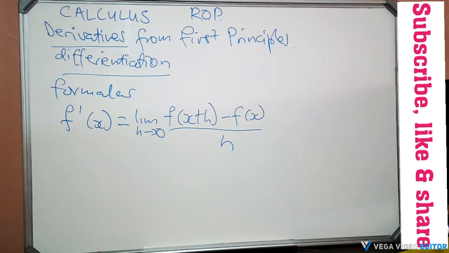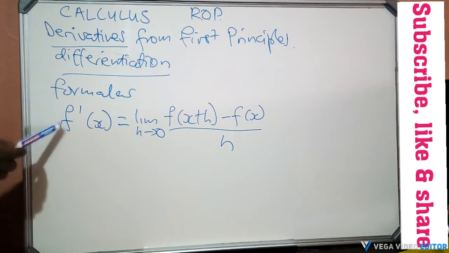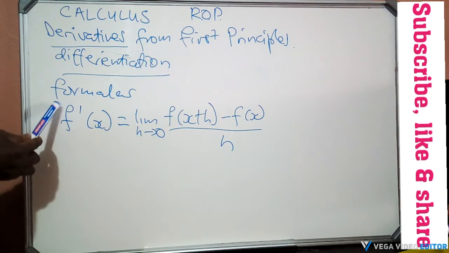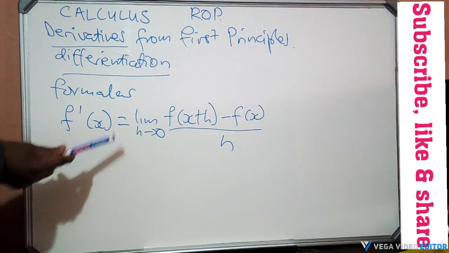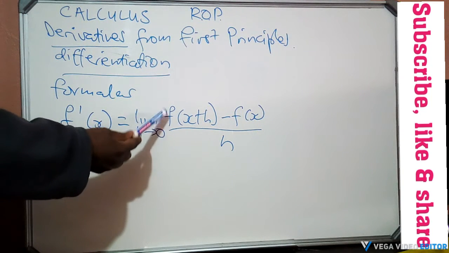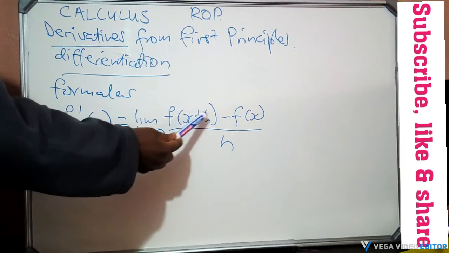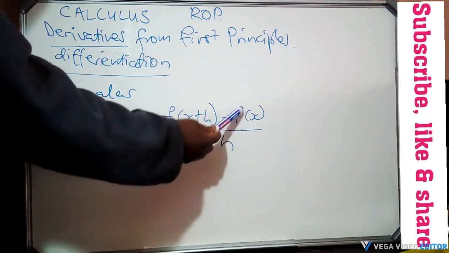All right. So this depicts the derivative of f(x). From the function of x, we can get the derivative of x. If we're using first principles, then our formula is the limit as h approaches 0 of f(x plus h) minus f(x).